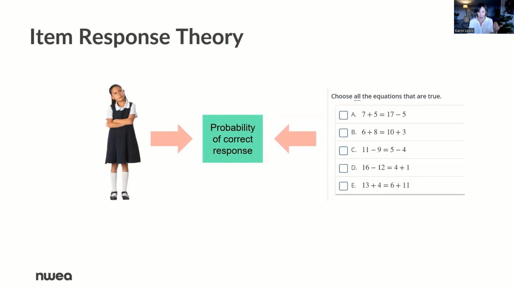Someone with very high math ability will be more likely to respond correctly to math items than an individual with low math ability. And conversely, an item that is very difficult, let's say what's the square root of 983, is less likely to be answered correctly than a very easy item. What is 2 plus 2?